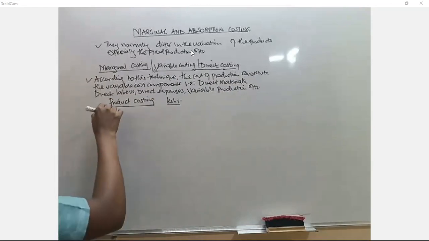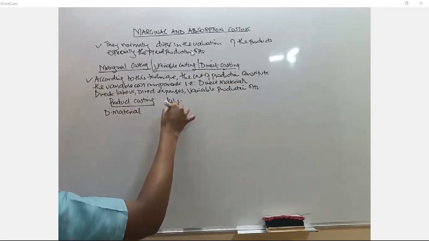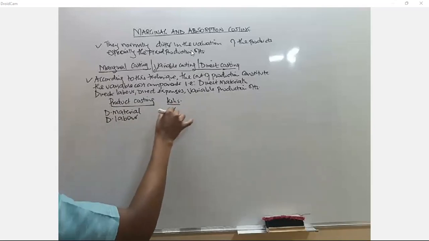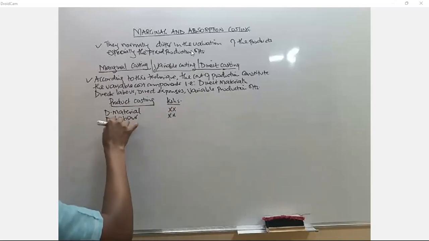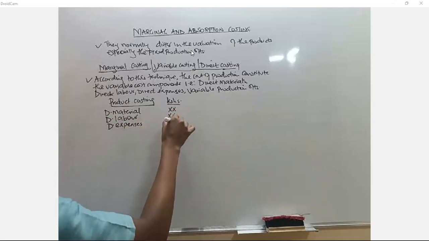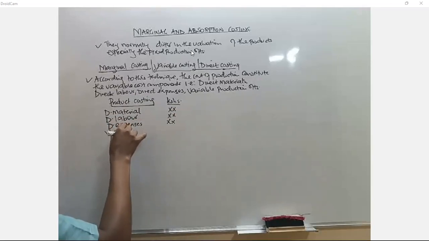We factor in direct material, direct labor, direct expenses, and then the last one, variable production overheads.